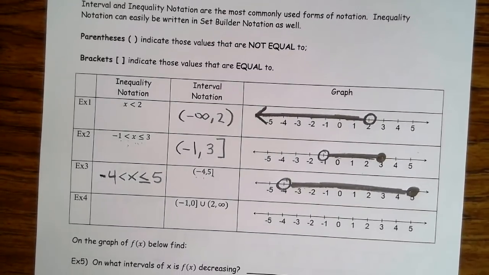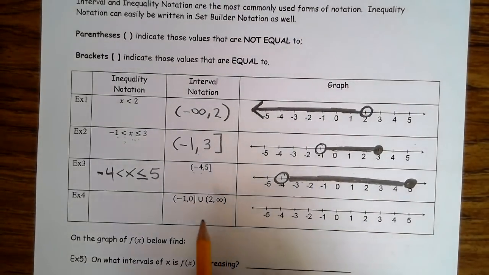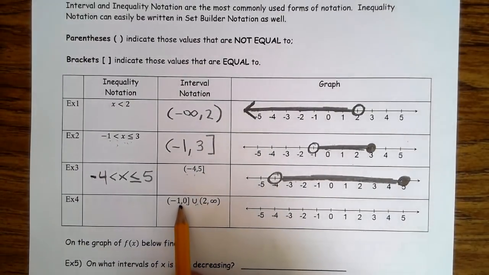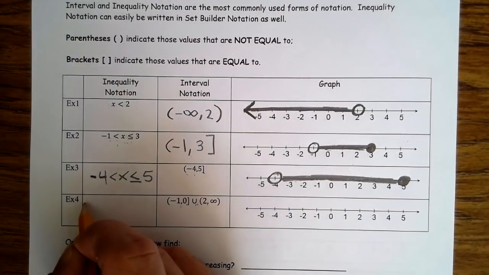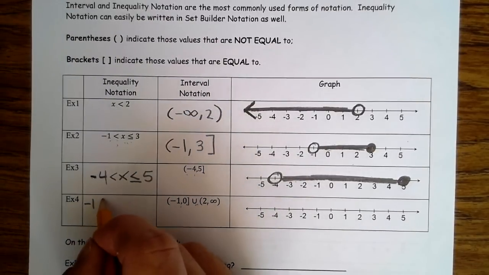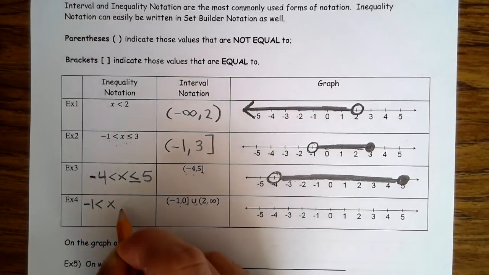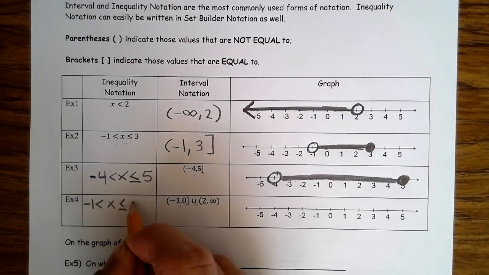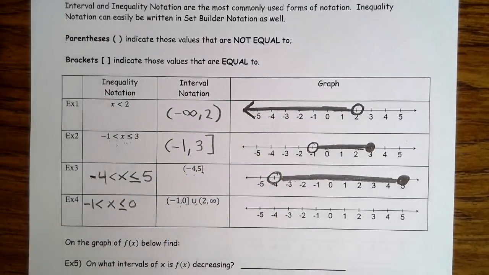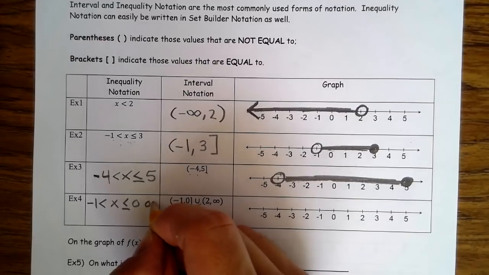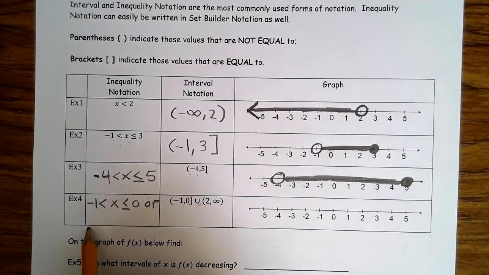All right, and so the last of these types of examples is an OR statement, so we have this or that. So this is -1 less than X less than or equal to 0. Now I've run out of space. I would normally write this all horizontally, but I'm just going to have to write or here and then write the next part here.